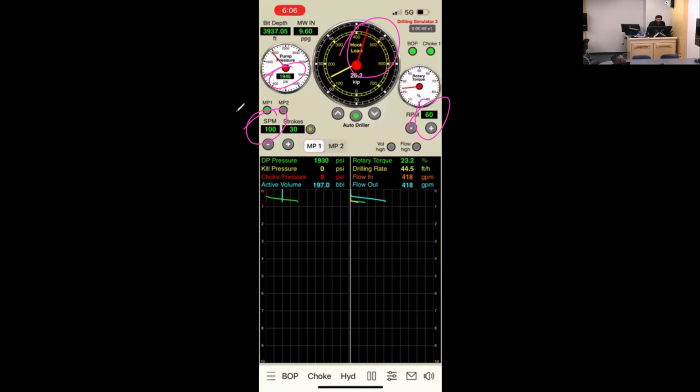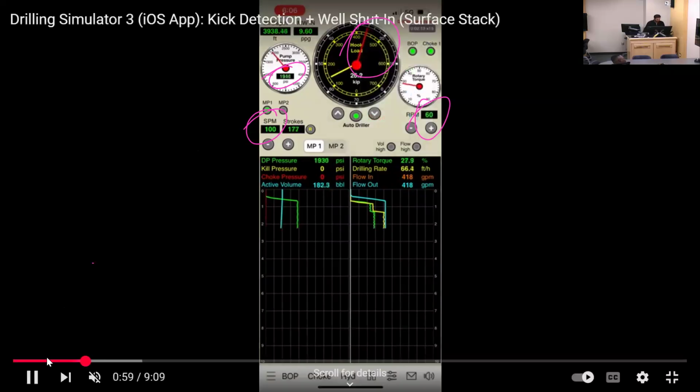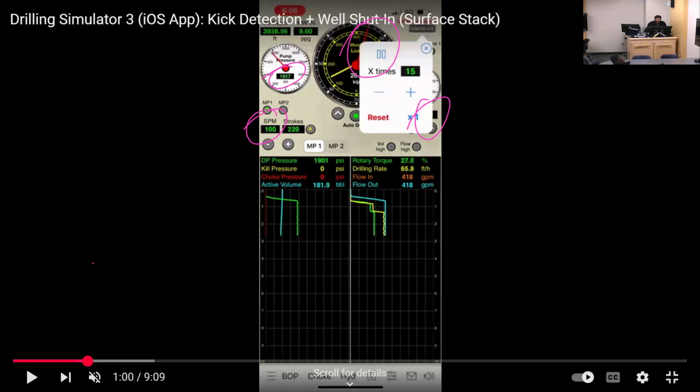I'm reading my drill pipe pressure here. I want to pause. Okay, look at the yellow line. The yellow line is the drilling rate, the ROP. The orange line is mud flow in, and the blue line is the mud out.